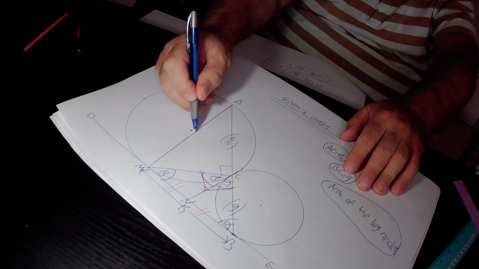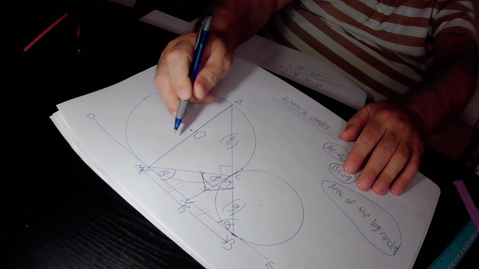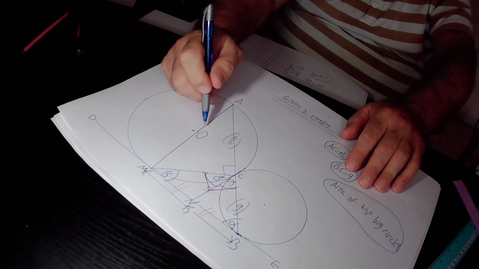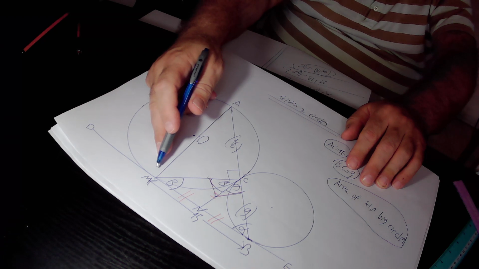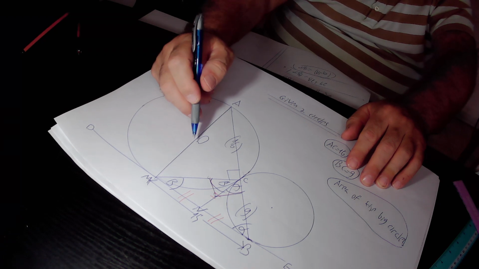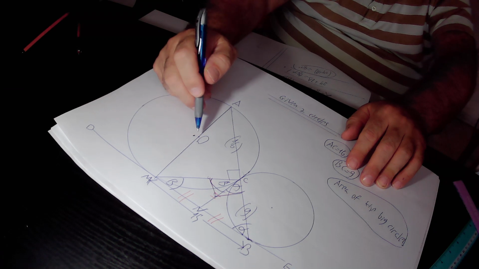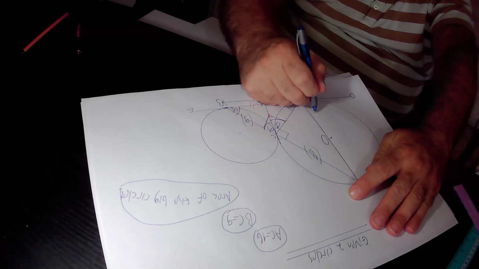We define the center of this big circle as O. Point O is definitely located on AM, that is the diameter of this big circle. So point O is the center of this circle, point M is a point of this big circle itself, therefore OM is the radius of this big circle. We define the radius of this big circle as R, so OM equals R, according to our definition.